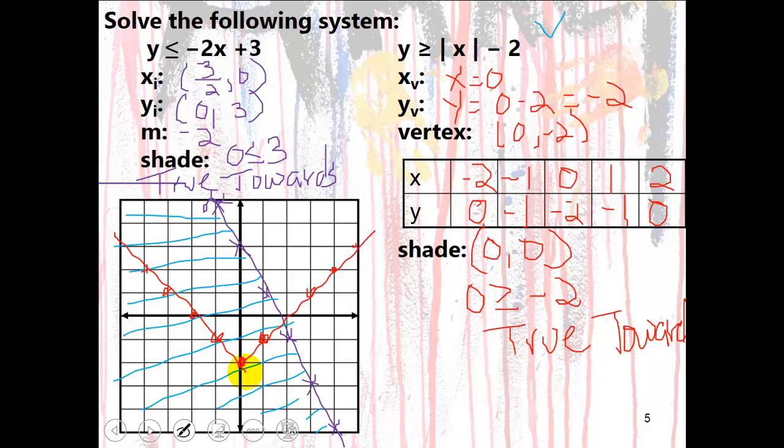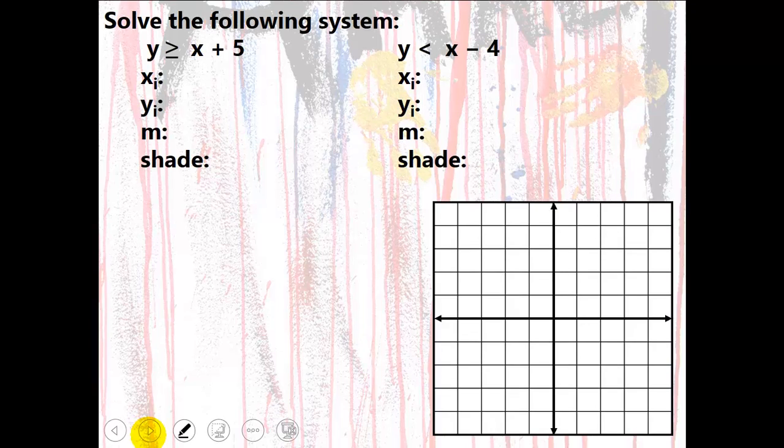And so my solutions to the absolute value are between. All right? And we're going to look for where we have overlapping, and that's where we're going to shade. That's where our solutions are, where we have both colors. Okay, it's like that. Okay, I'm going to keep going.